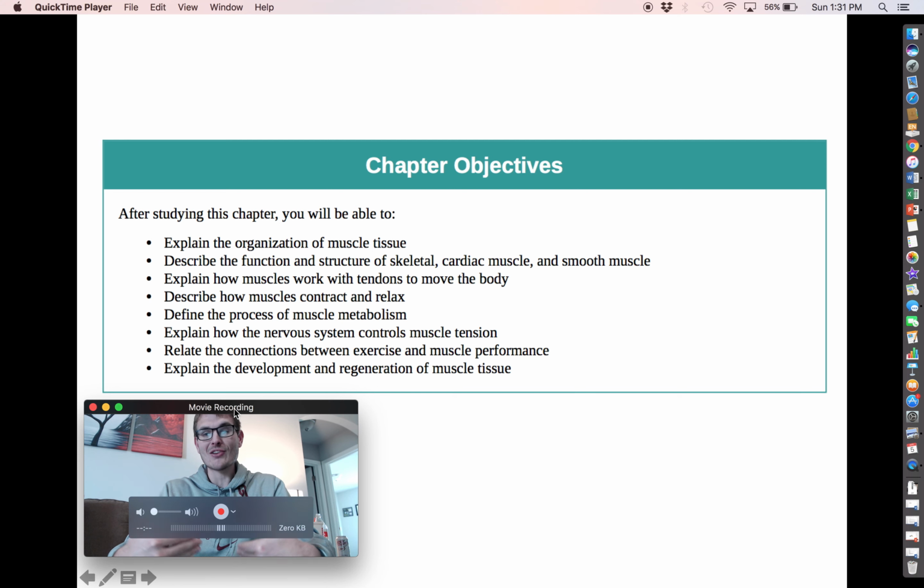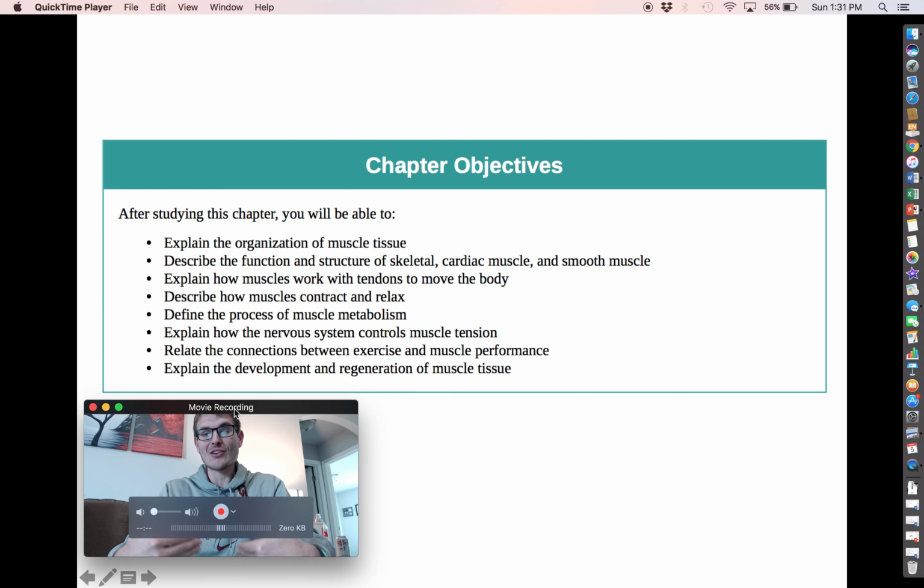Okay, so one of the major things that we talked about with the nervous system is that neurons are excitable, and you will recall that when something is excitable, it means that it is capable of changing its membrane potential. So it turns out the same goes for muscle tissue, muscle cells.